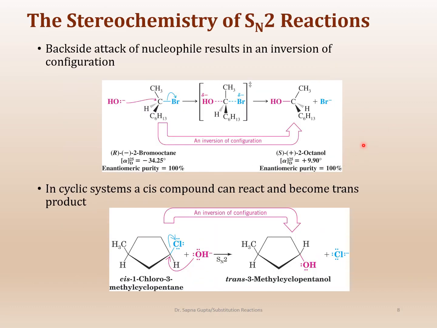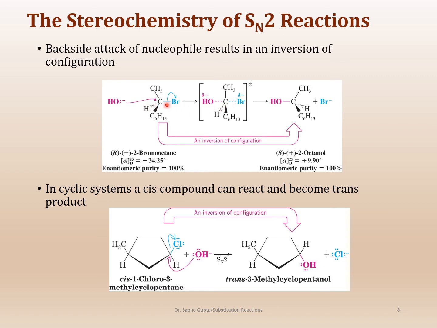I said to you that the backside attack is going to be important for us, and that is important because of the stereochemistry in SN2 reactions. I said that hydroxide is attacking the backside. If you have a chiral center here with the carbon, when you're attacking something in the backside, what really happens, and I gave you the example of an umbrella, is that the umbrella will flip.